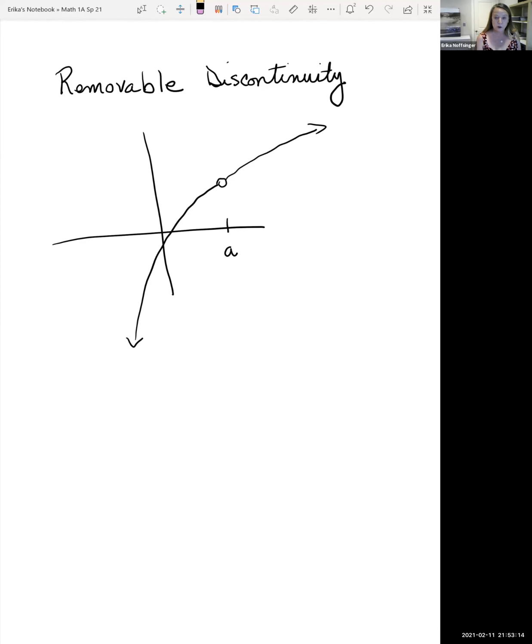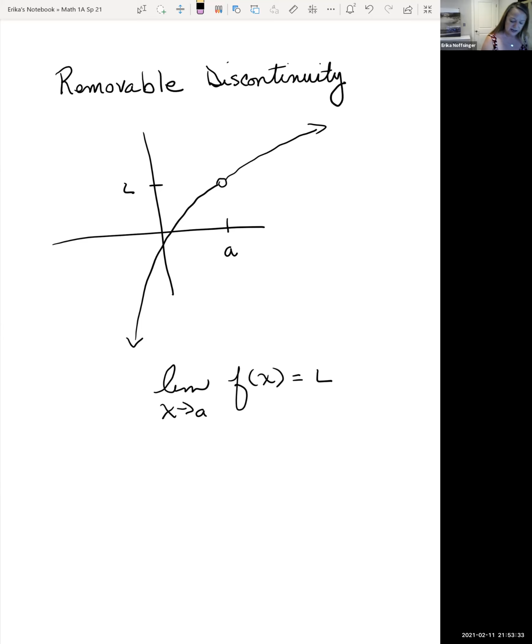And if we have an open circle there, that limit exists. It's approaching, in our case, we can call this L. The problem is that this is not equal to, let's see, this is equal to L. Our problem in this case is that f of a doesn't exist.